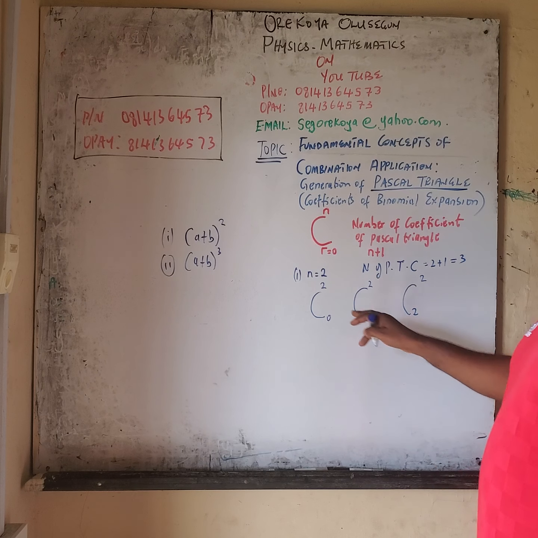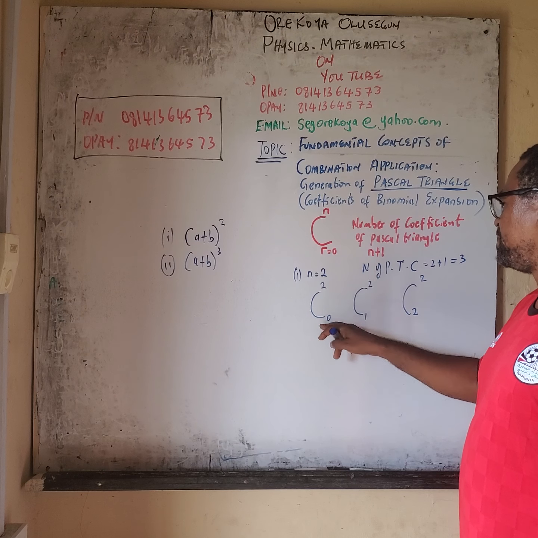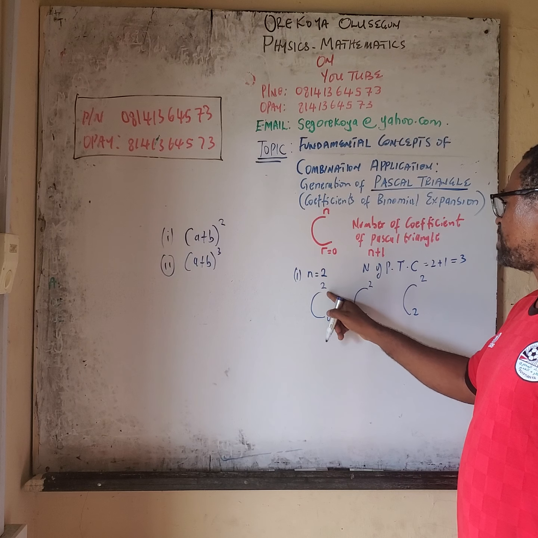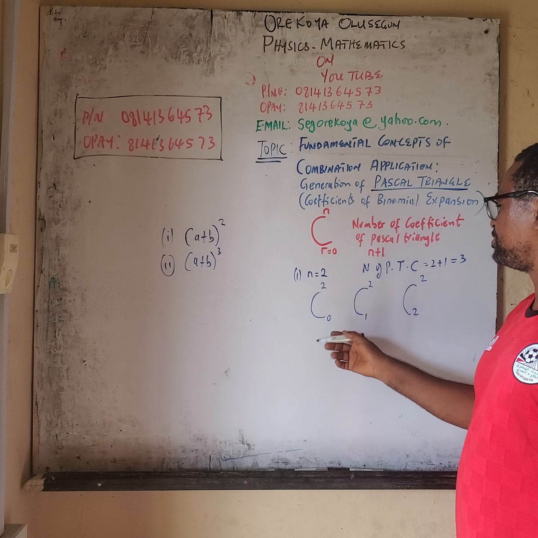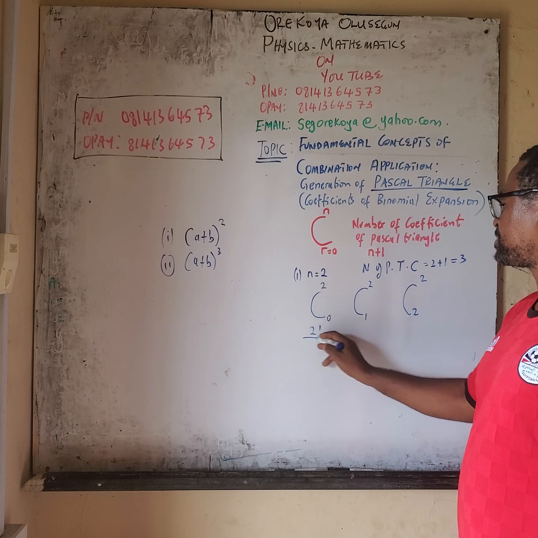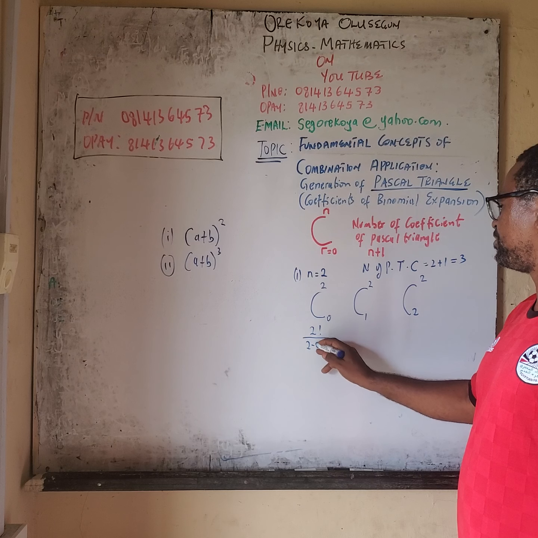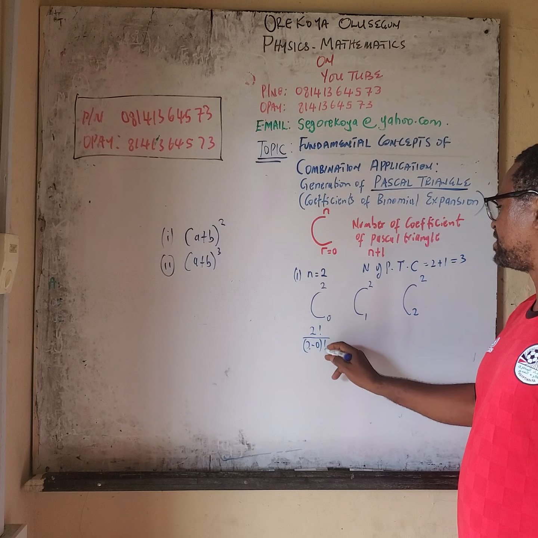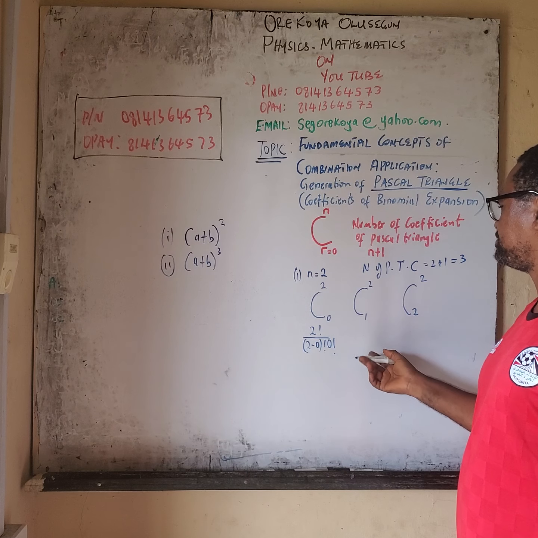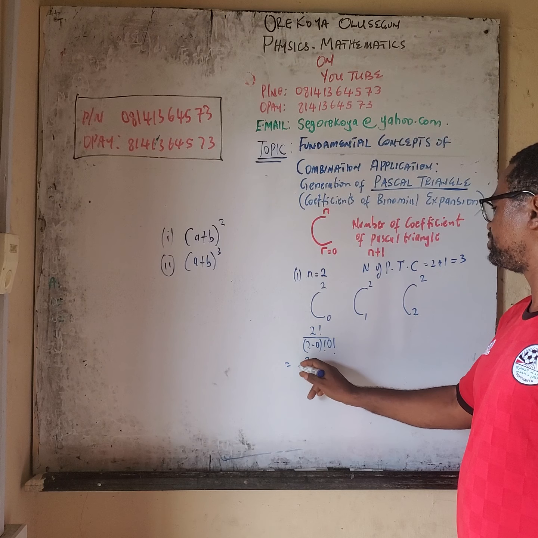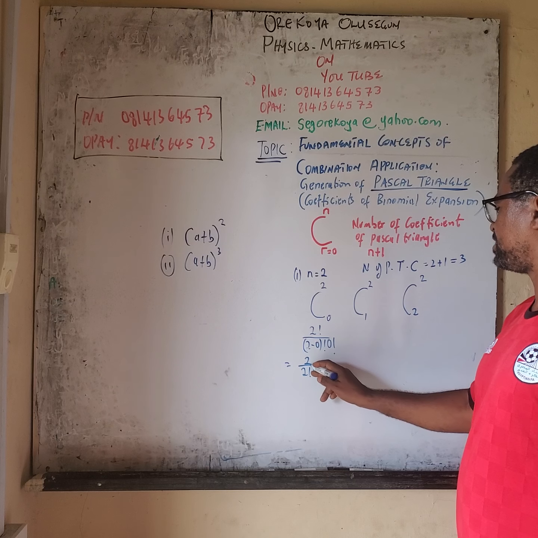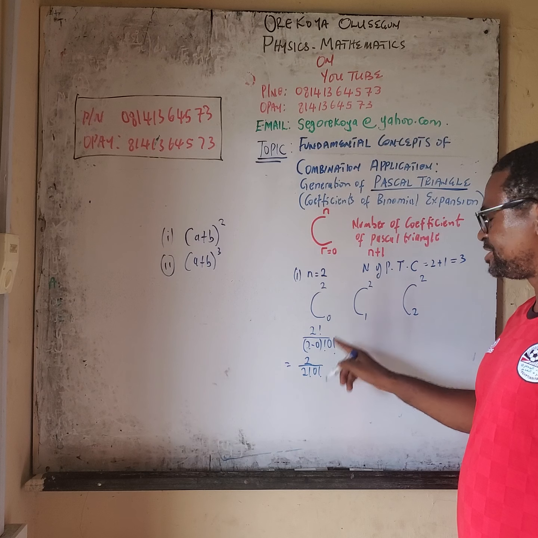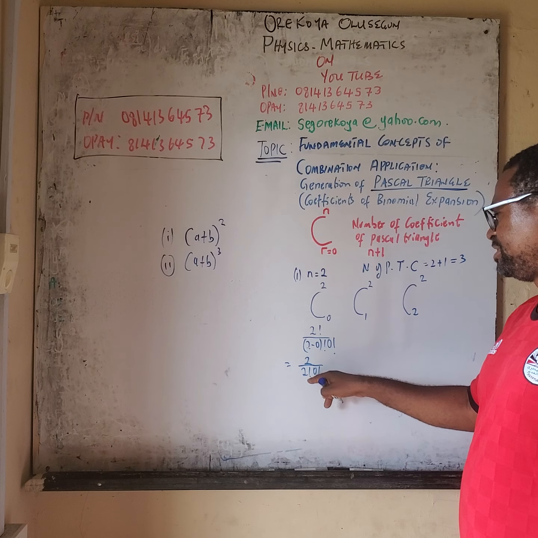Like the formula I used for combination the other time, this particular 2 combination 0 is same as 2 factorial all over 2 minus 0 factorial, 0 factorial. And then 2 factorial is 2. 2 minus 0 is 2 factorial, 0 factorial. And then 0 factorial is equal to 1. I'm going to prove it to us later.